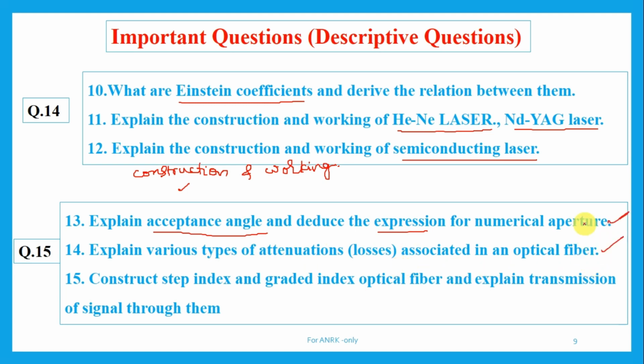These two appear in theory as well as in experiments, so it is better to focus mostly on these. Then we have: construct step index and gradient index optical fiber and explain transmission of signal through them. In most previous papers they asked about this classification of optical fiber based on refractive index, which is nothing but step index and gradient index optical fibers, and how the signal is transferred through them.